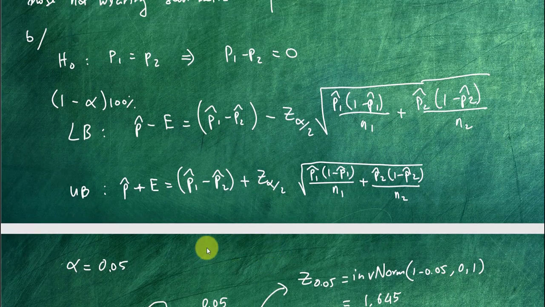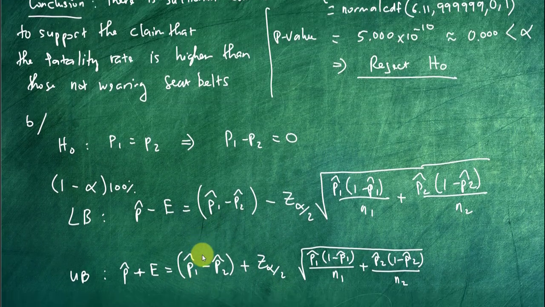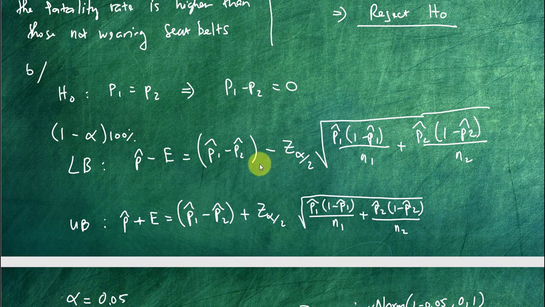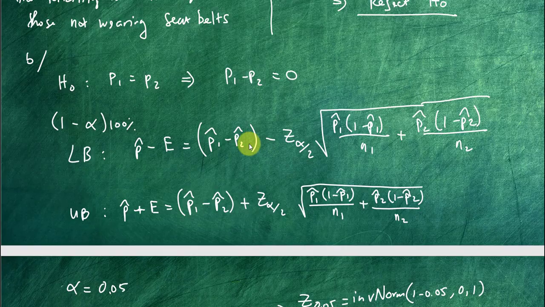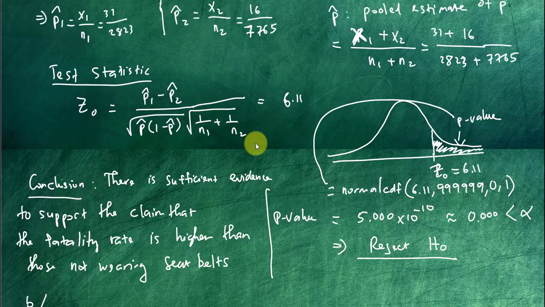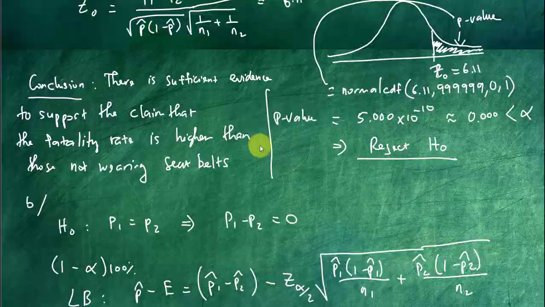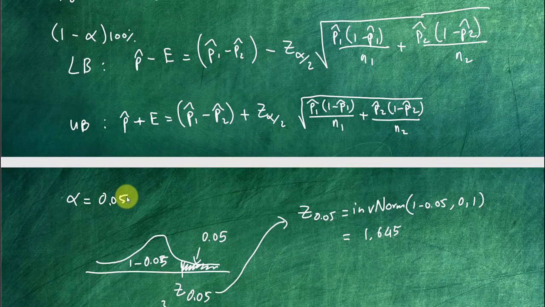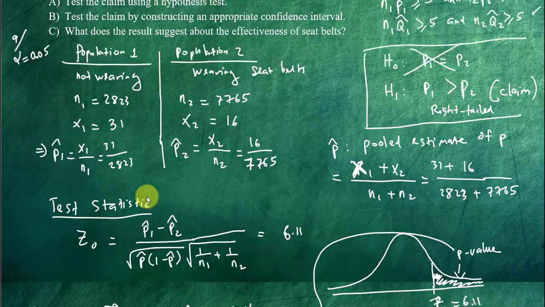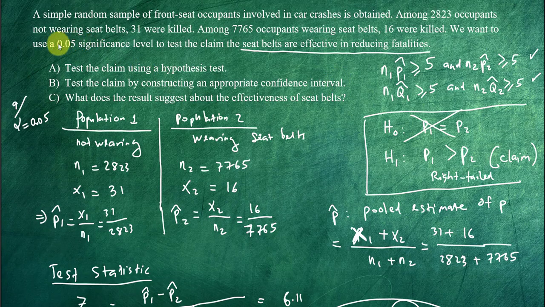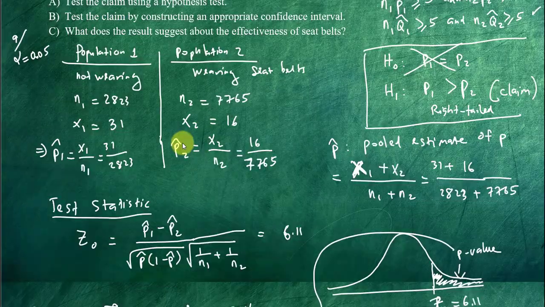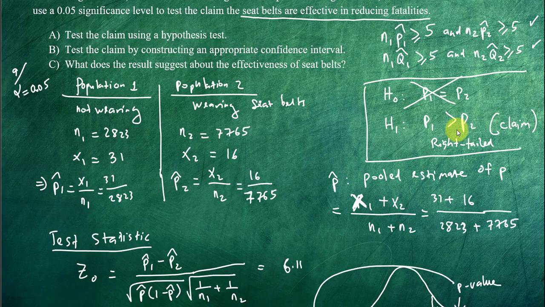The first thing is we have to find the critical values for the z distribution. Given that alpha is 0.05 from this problem, the 0.05 significance level, and recall that this is the right tail test.